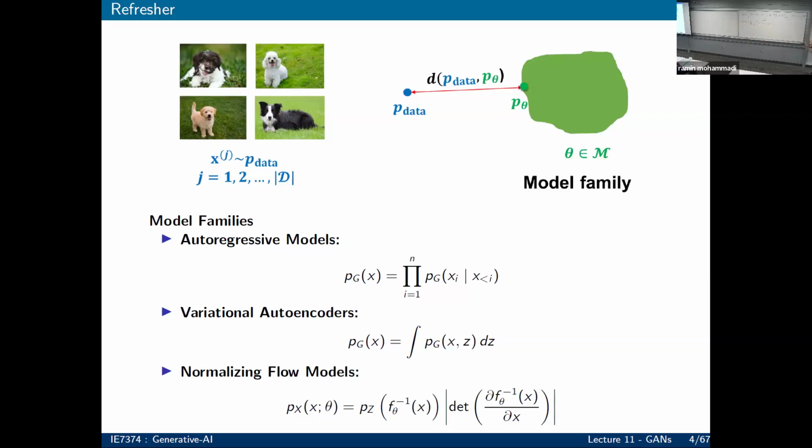We know this is the ELBO, the lower bound, but now we can have different versions of the VAE, and those versions come from how you define P of x and z, the joint distribution. We know that P of x and z could be written in two ways.